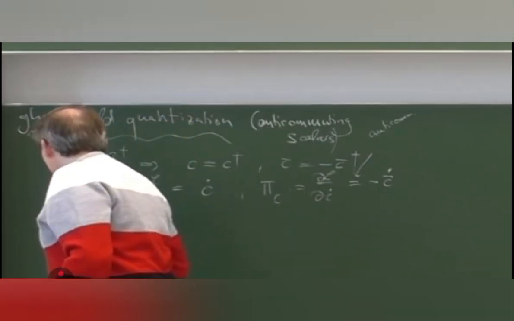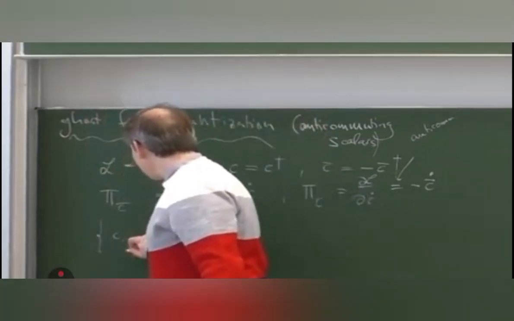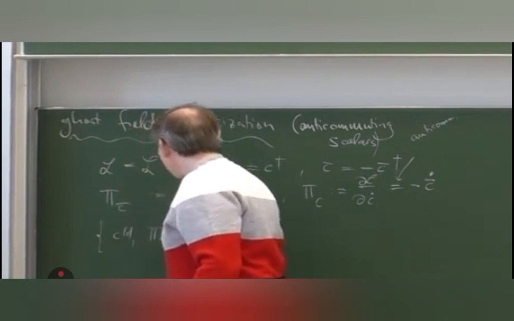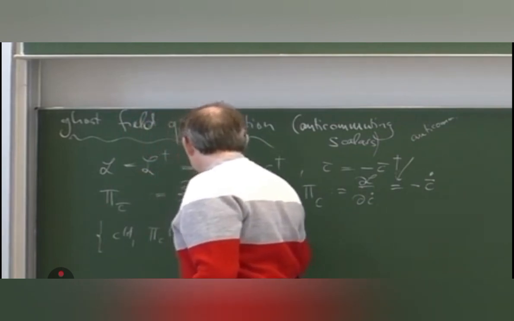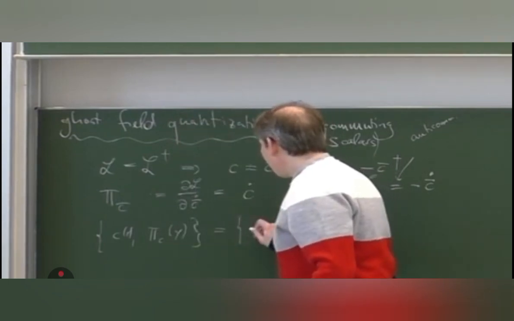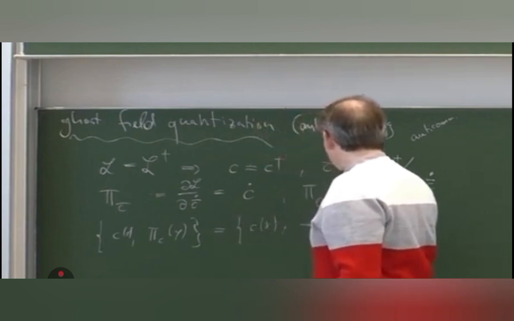Then you can write down the canonical commutation relations, which are as usual: the anti-commutator of C of x with pi C of y, which is the same as C of x and minus C dot of y.